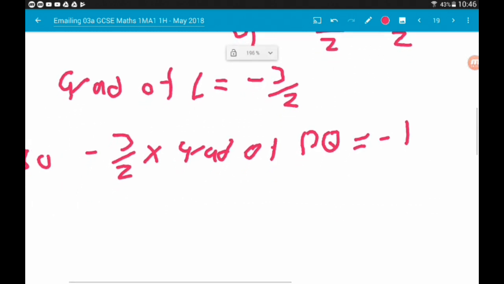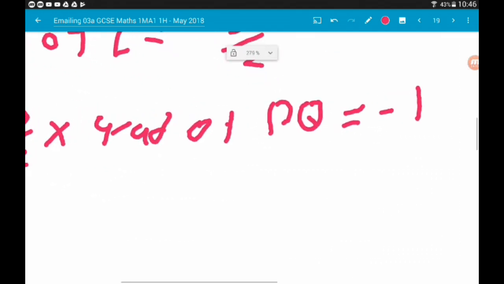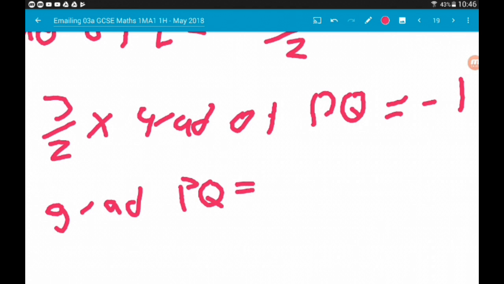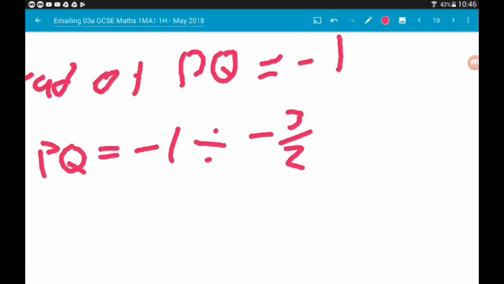So the gradient of PQ is equal to minus 1 divided by minus 3 over 2. Now, when you do a negative divided by a negative, that's going to give us a positive.